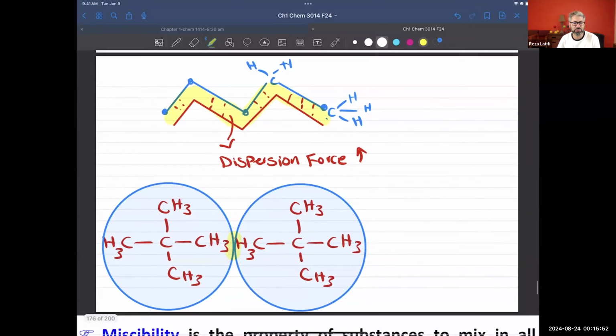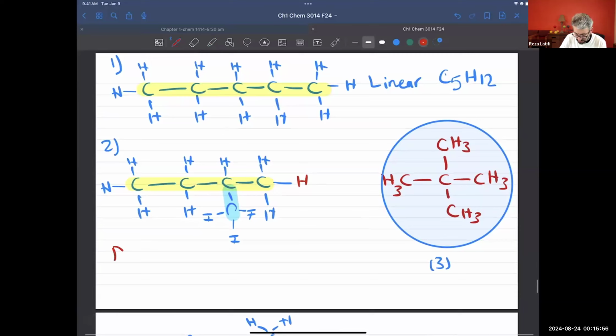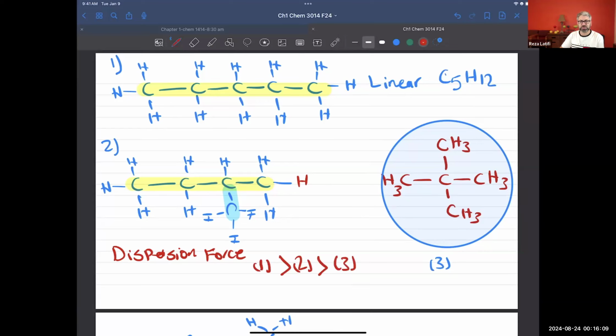So which one is going to have the highest dispersion force? I'm going to say number one. So the trend for dispersion force will be number one, then number two, and number three is the least.